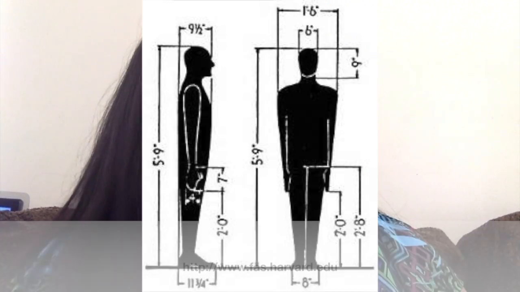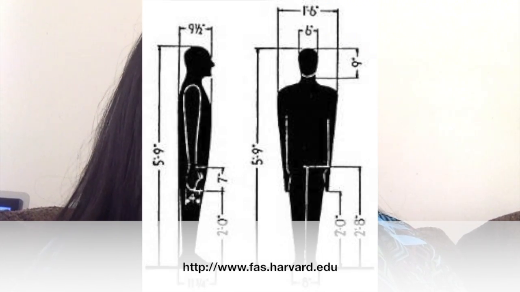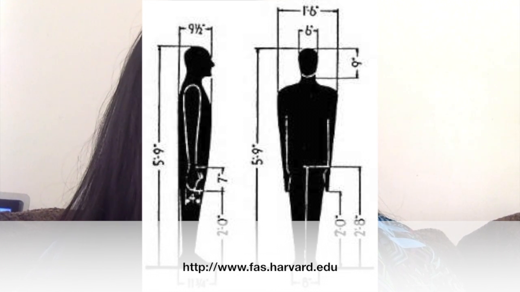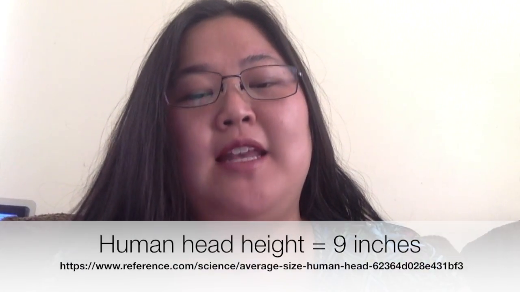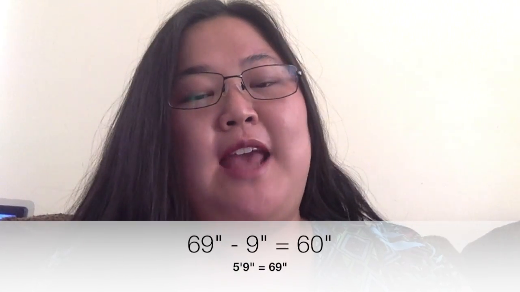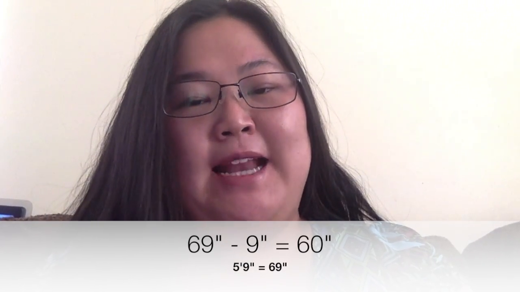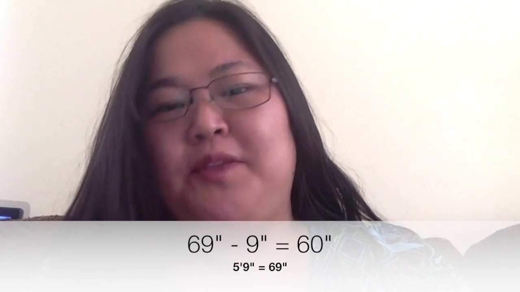So, I found this diagram online that shows the average length of the arm and leg of the average man, which is 5 foot 9 inches. So I'm going to have to convert the percentages of that and apply it to someone who is 5 foot 6. Since the average human head is 9 inches, first we take 5 foot 9 minus 9 inches.